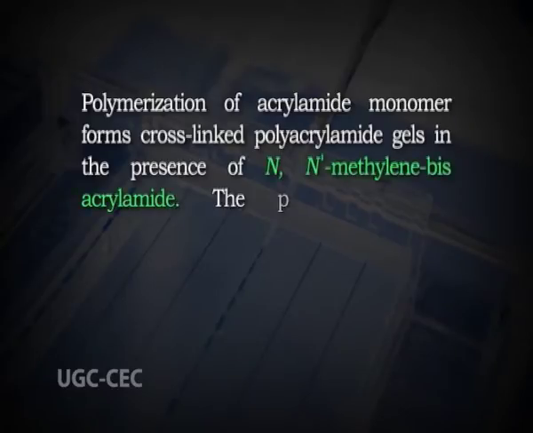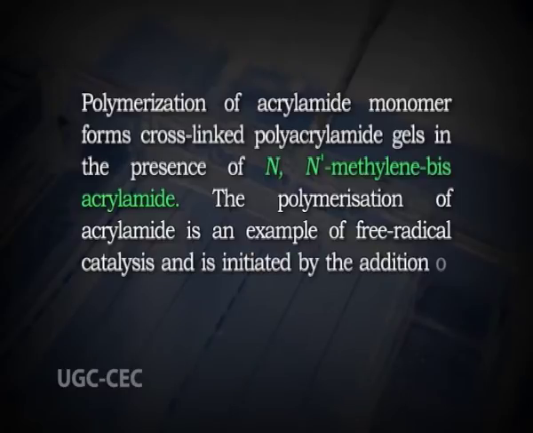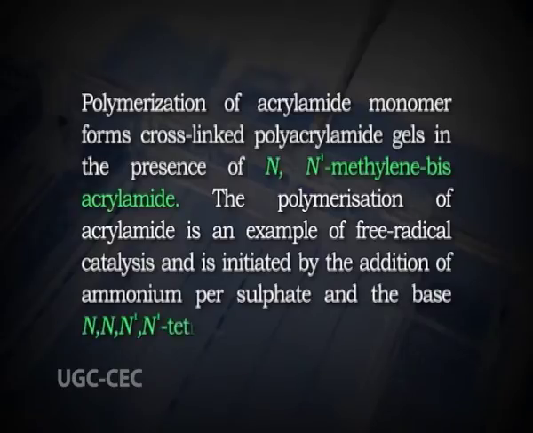The polymerization of acrylamide is an example of free radical catalysis and is initiated by the addition of ammonium persulfate and the base N,N,N',N'-tetramethylethylenediamine, which we usually call TEMED. Oxygen removes the free radicals, and therefore all gel solutions are usually degassed by placing under vacuum to remove the loosely dissolved air before use.